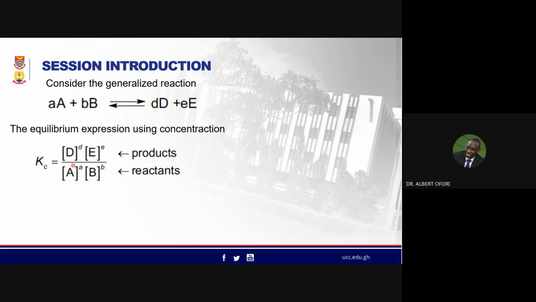Our rate constant can be expressed in terms of concentration or in terms of pressure. If it is in terms of pressure, then it means that we are dealing with gases. So we can express it also in terms of pressure, coming from the idea of the ideal gas.